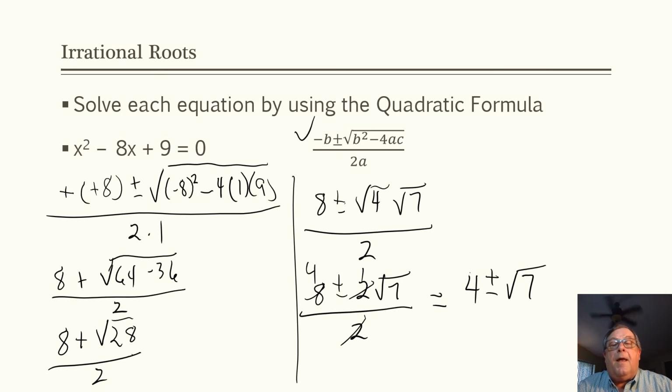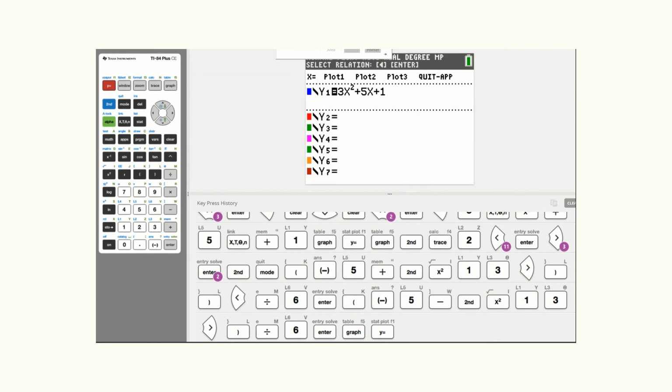Shazam. All right, now I'm going to go and actually graph that first equation there. I'm not going to do both for the essence of time, but show you how you can use your calculator to approximate the zeros. All right, so you can see here in the calculator, I had already entered the quadratic equation of the first example we looked at as we're finding irrational roots, 3x squared plus 5x plus 1.